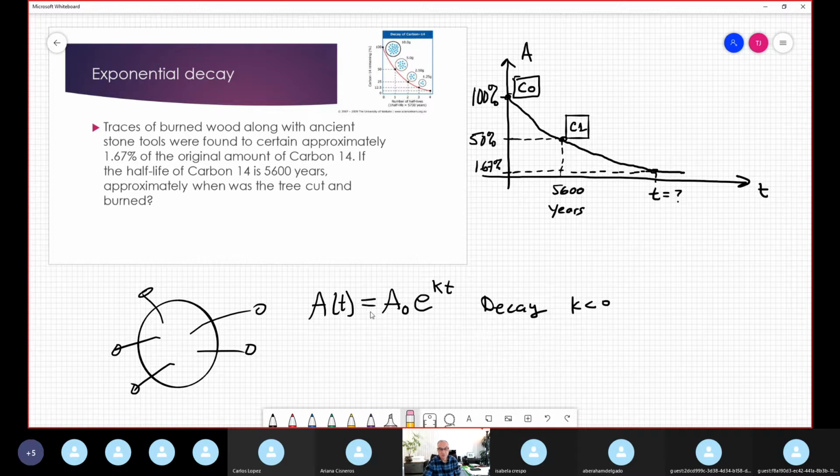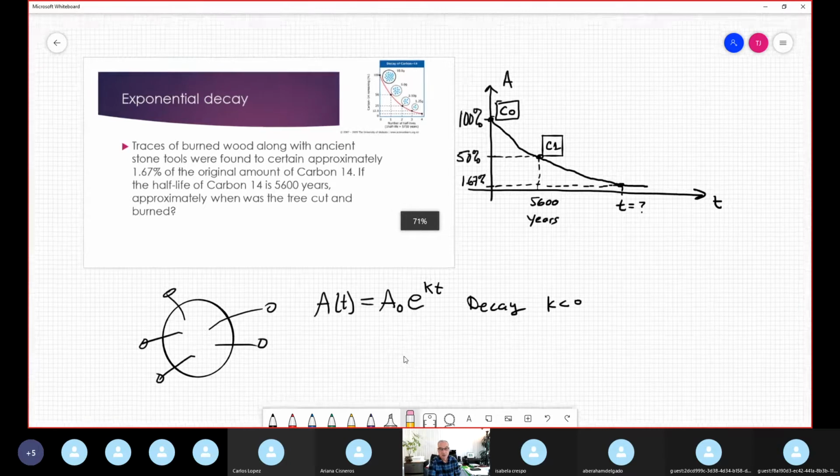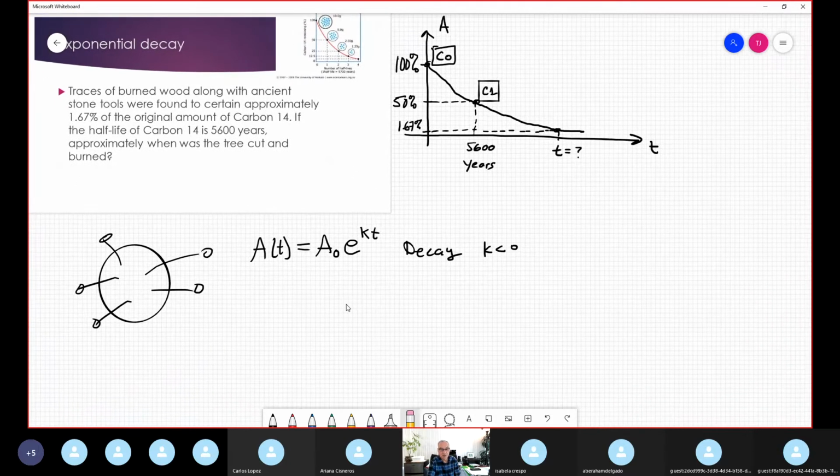Okay, so now I try to do it. At the beginning, I know that the amount of substance at time zero is 100%. In this case, you can use percentage, or if you want, divide by 100 and this is 1.